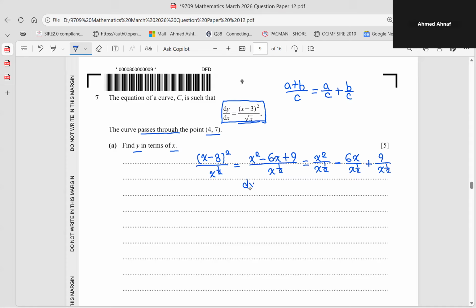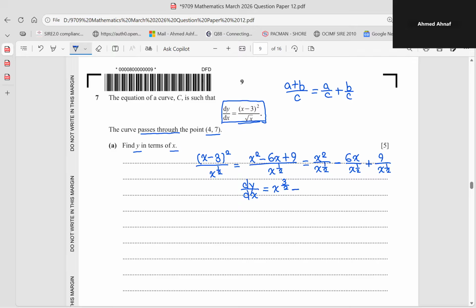So dy dx is going to be x squared over x to the power of half. Using the laws of indices, you just minus the powers since you're dividing, so you would get x to the power of 3 over 2 for the first term.